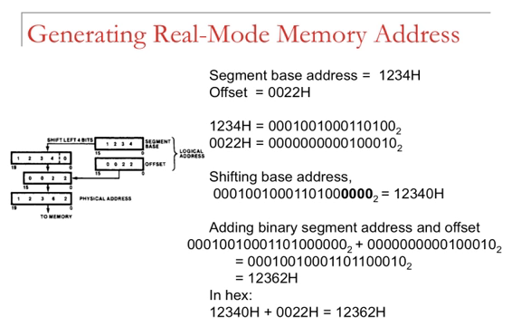The second step is to add the binary segment address and the offset. So what you can do is add this value to the binary offset. Okay? So you have this value here, and this is the offset in binary.